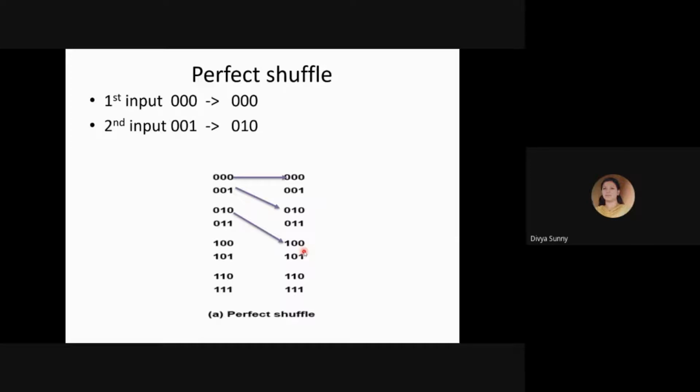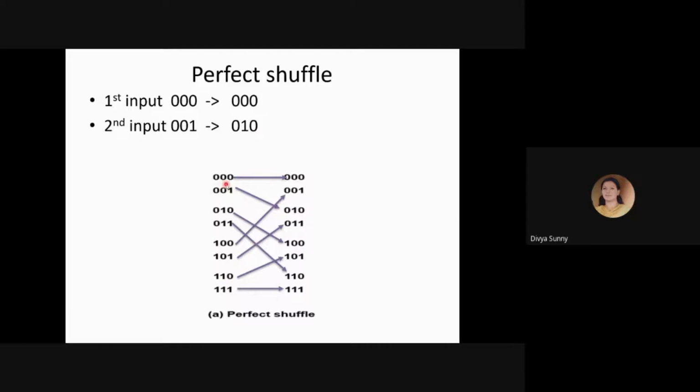Same way, 011 will be connected to 110, 100 will be connected to 001, 101 will be connected to 011, 110 will be connected to 101, and 111 will be connected to 111.